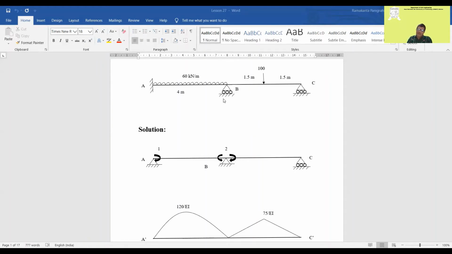That means you have to apply a unit moment here and find the rotations at 1 and 2. Delta here is rotation. If you take B and C as unknowns, you can do it, but it may be more cumbersome to find the deflections. So for ease, this has been taken.